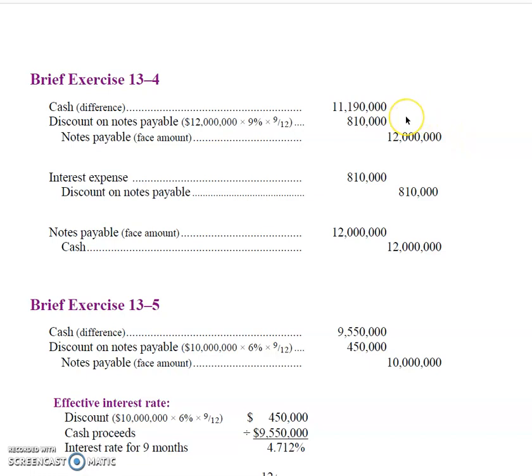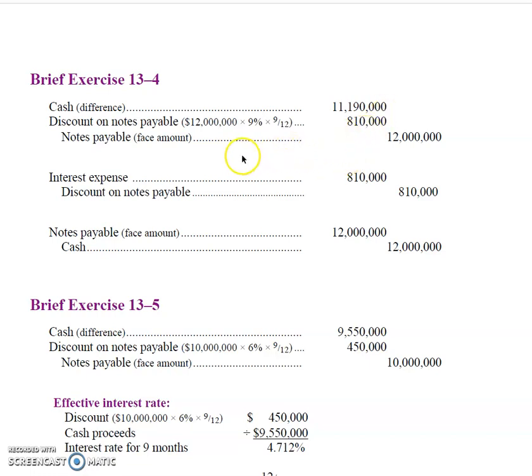We're going to debit the discount for the amount of interest that's built into that $12 million. Then we're going to debit cash for the amount of cash we receive, which is the difference between the $12 million and the discount, $11,190,000.